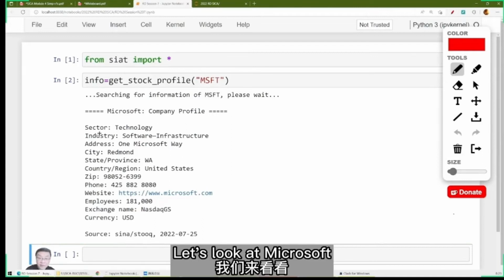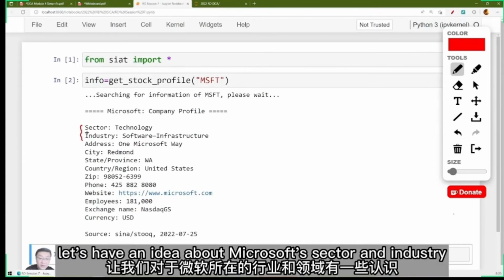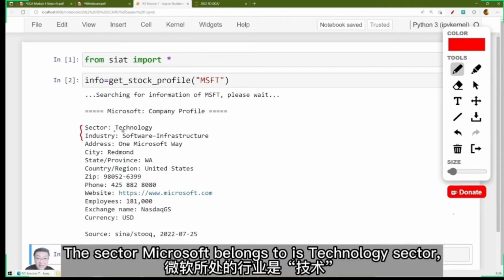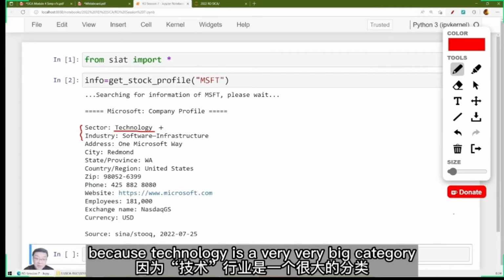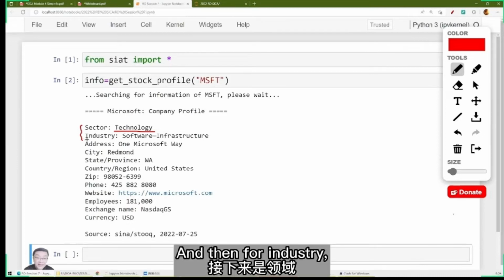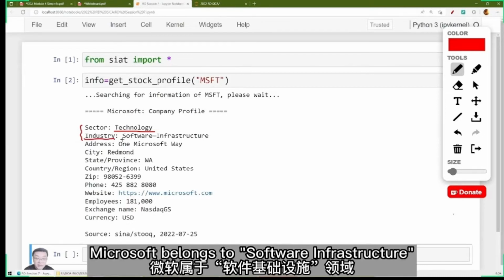First of all, let's have an idea about Microsoft's sector and industry. Microsoft belongs to the technology sector. It's the same as that of Apple, because technology is a very, very big category. And for industry, Microsoft belongs to software infrastructure.